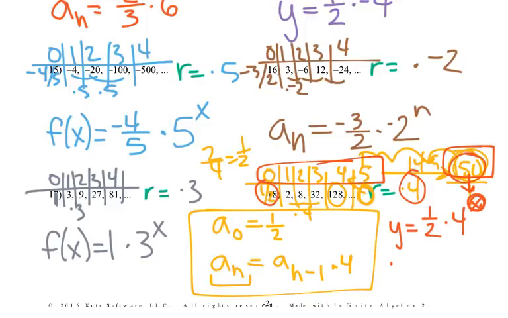So I could put a 150 in there, and that would get me what that result is. I would go 1/2 times 4 to the 150th, and I end up with an enormously large number. But that's why the explicit is so useful.